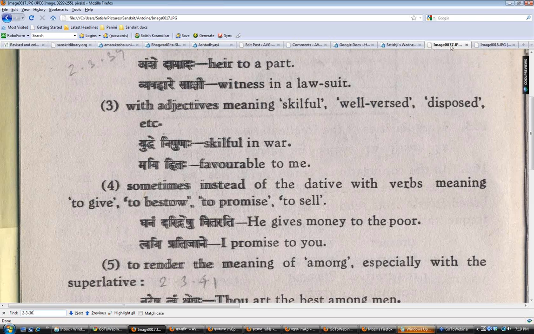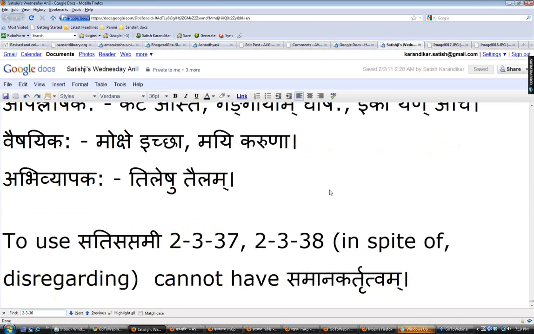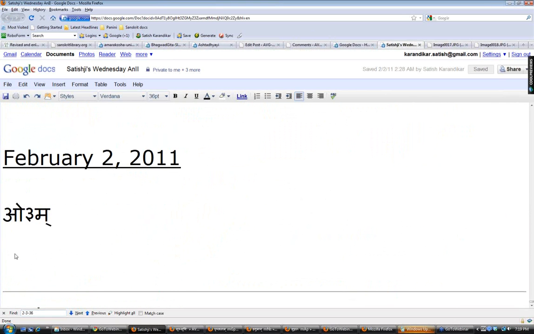So maybe I can put this in the document for today, that if you can try the English, these following phrases, and see if it fits.